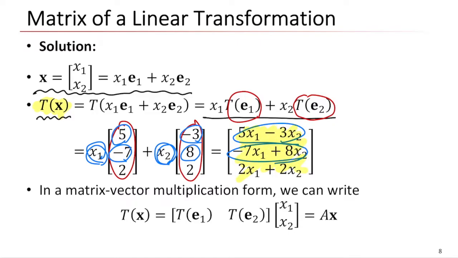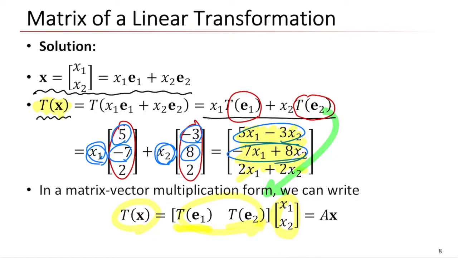So in a matrix vector multiplication form introduced in the last lecture, we can write this transformation as T(e1), T(e2) with the arbitrary vector x, right? From this one. So what does it mean?